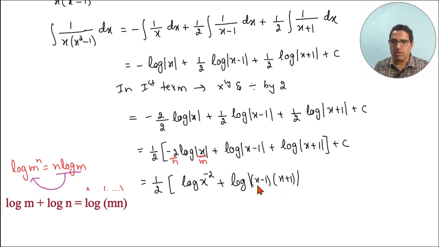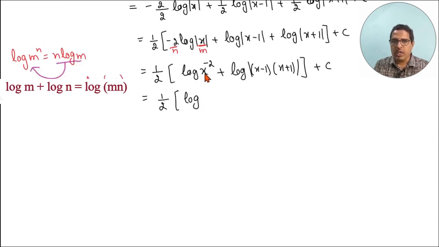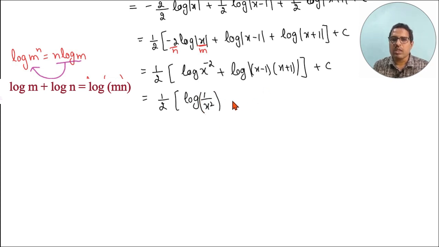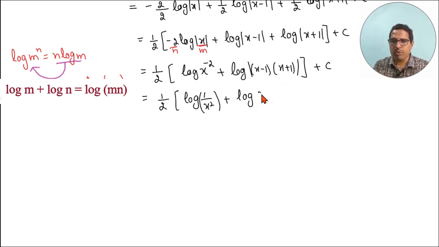It's mod of that particular value plus the constant c, or we can rewrite that as half times of log of x power of minus 2 can be written as 1 by x square plus, this is nothing but log of, it is in the form of a minus b into a plus b, which can be written as a square minus b square plus the constant c.